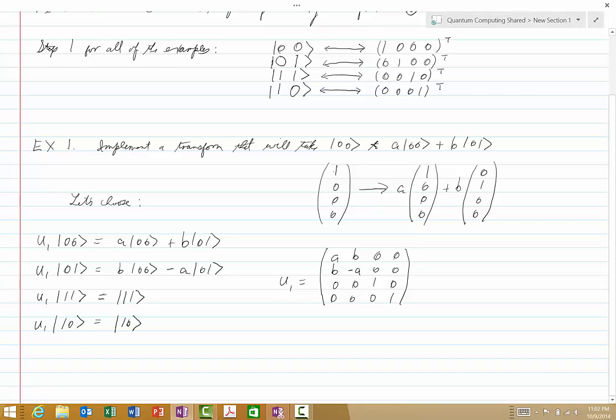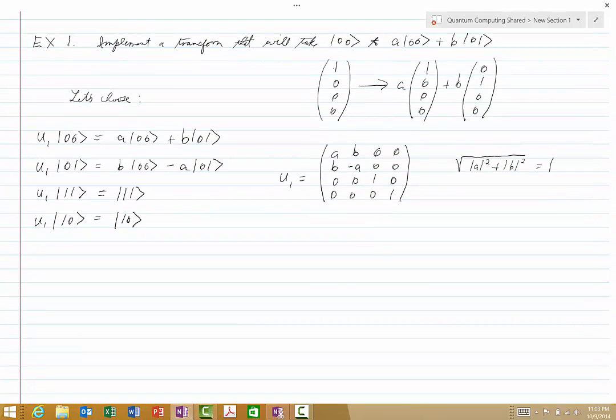And once we've written down that matrix, it's very easy to see that this is indeed a two-level unitary matrix. It'll be unitary provided that the square root of the magnitude of A squared plus the magnitude of B squared is equal to 1. So we do need to stipulate that, but as long as that's true, then U1 is a two-level unitary transformation. And let's go ahead and now do step 2 and step 3 for this example.